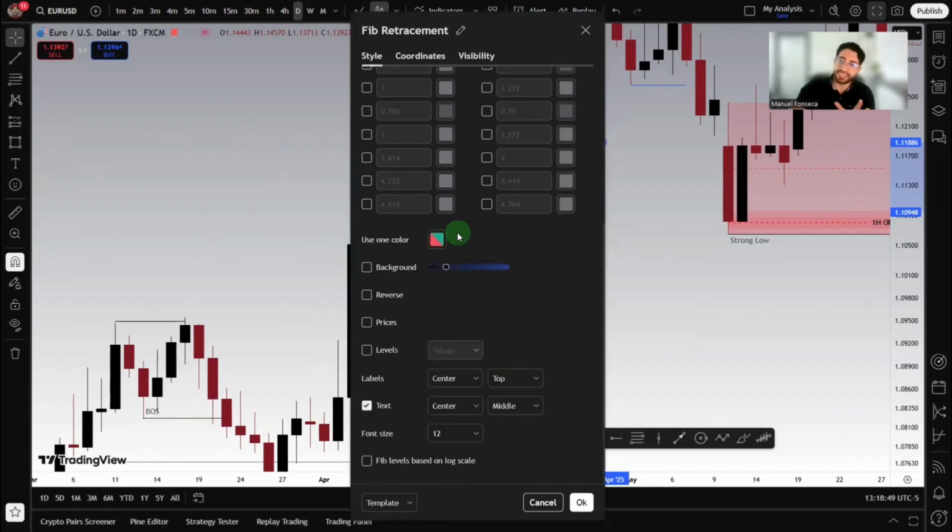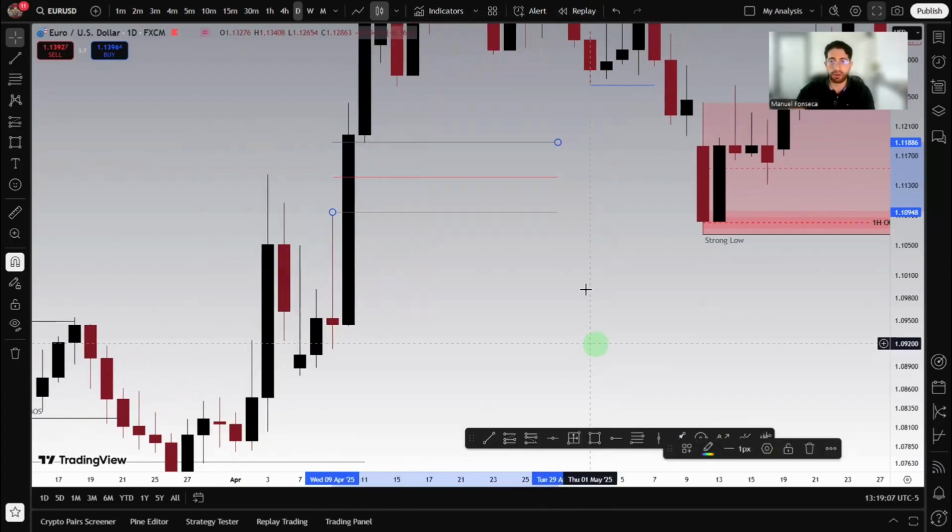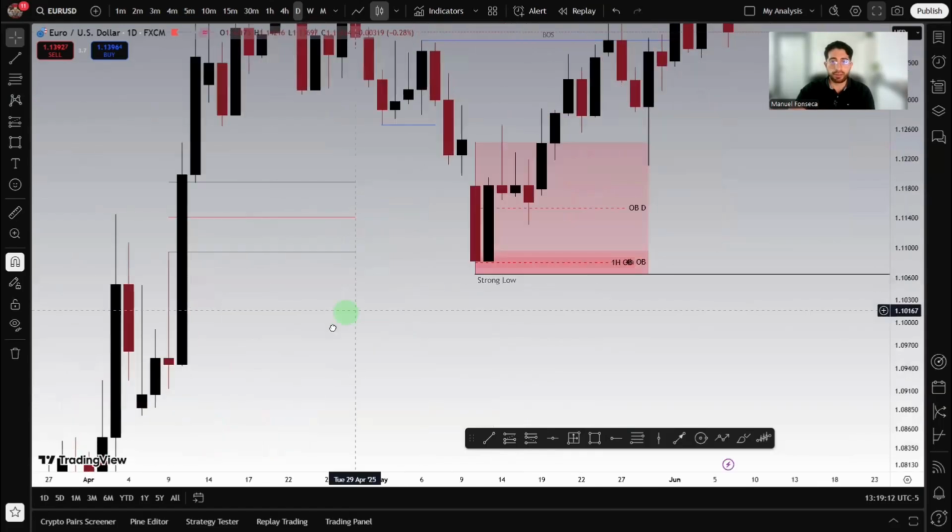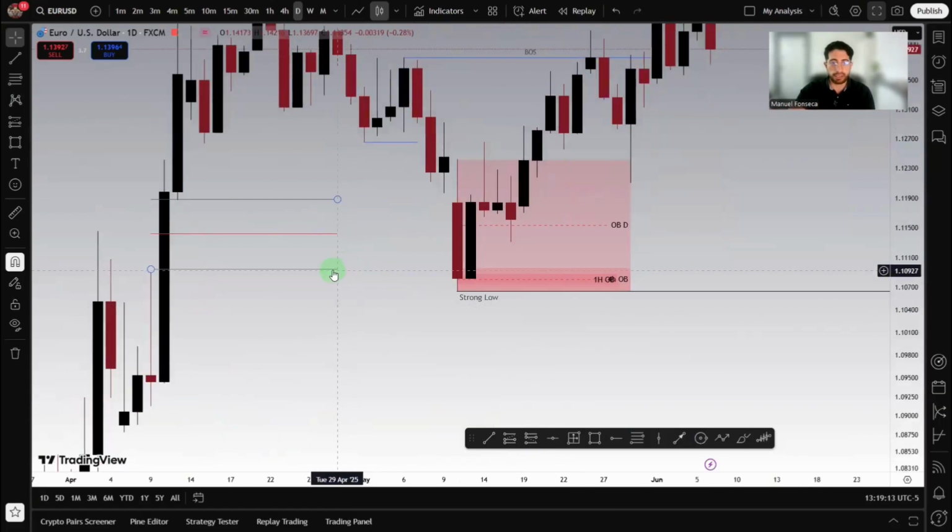I don't use numbers like 50, 80, 85%, 68%. It's pure analysis, very precise and straight. In this case, we can perceive that this imbalance really had a reaction because the price entered more than the 50%, went further down, and kept going.